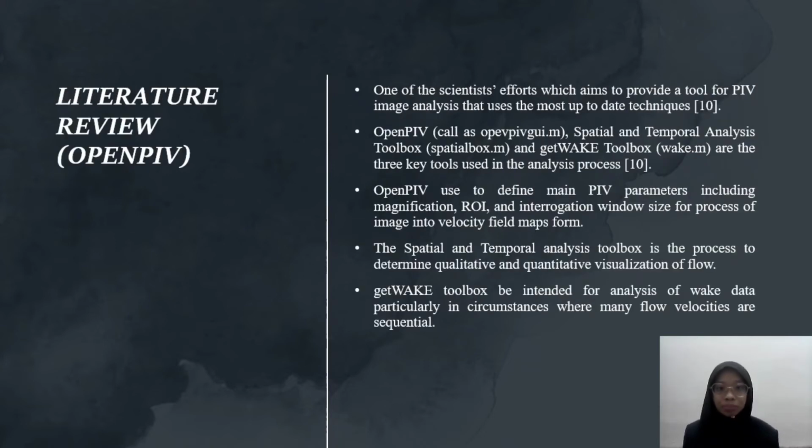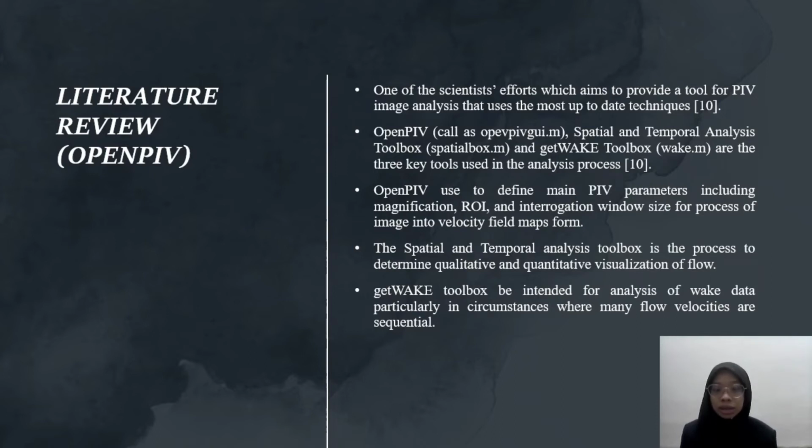Literature review. According to Benchida H 2020, OpenPIV is one of the scientific efforts meant to provide tools for PIV image analysis using the latest techniques. The MATLAB language is used to provide advanced PIV processing and post-processing tools as a simple development process.